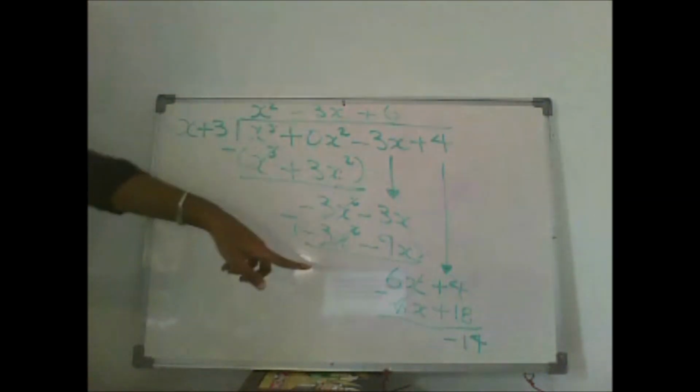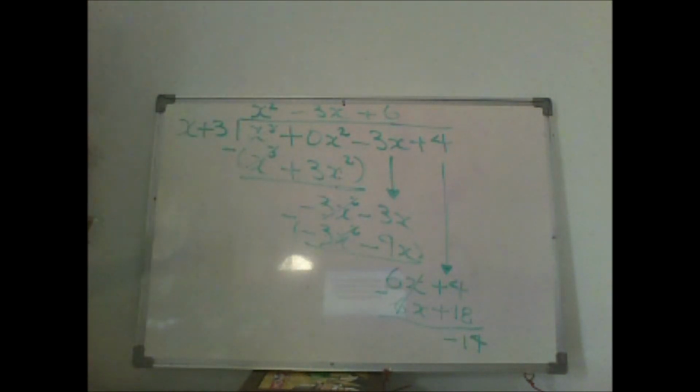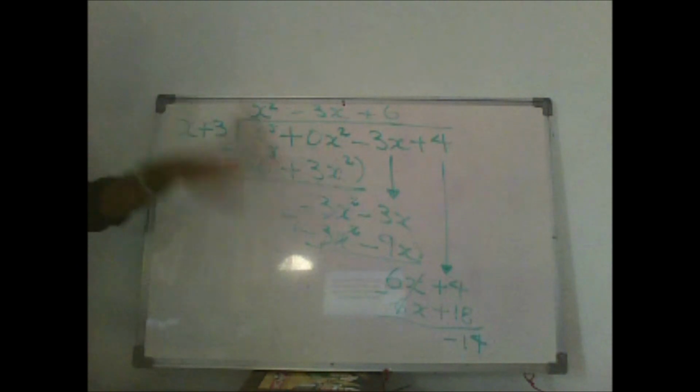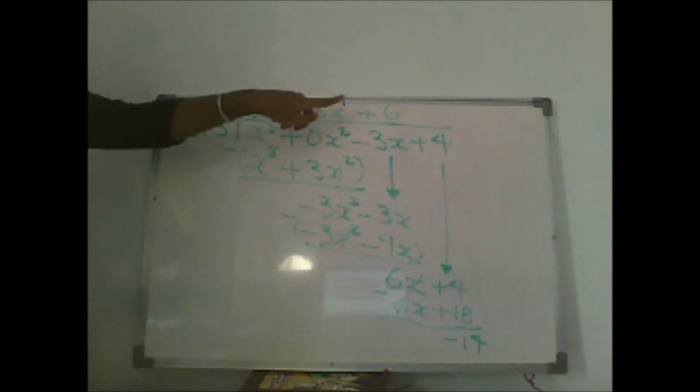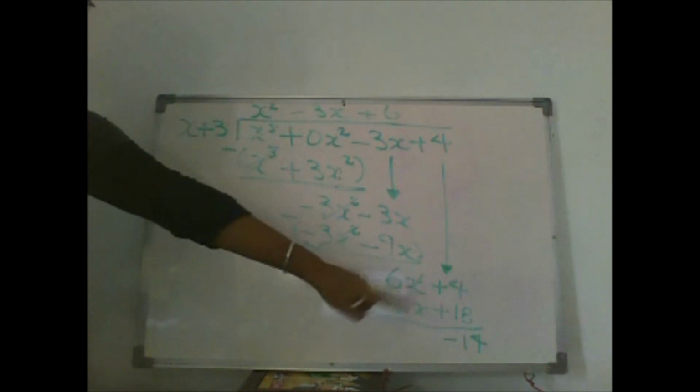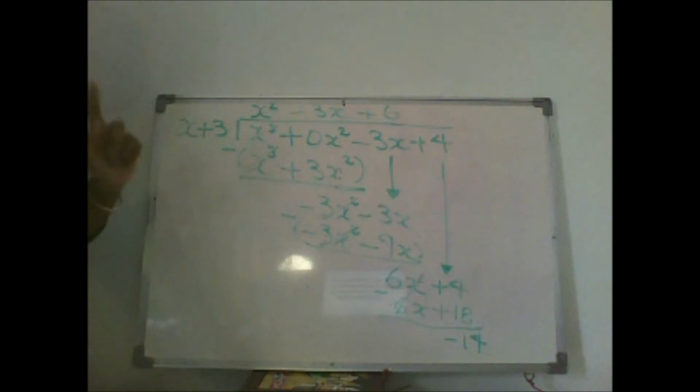So you see we have a remainder. As I had said before, the problem is solved. We did everything. So the answer is x squared minus 3x plus 6 with a remainder of negative 14. I'm going to show you how to write the remainder.